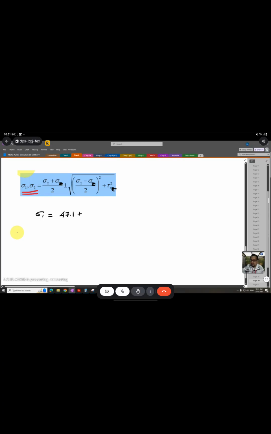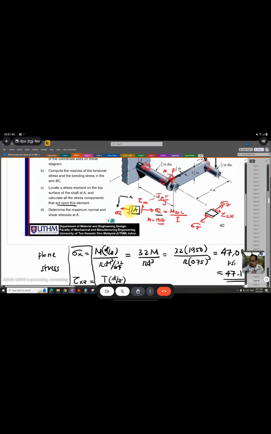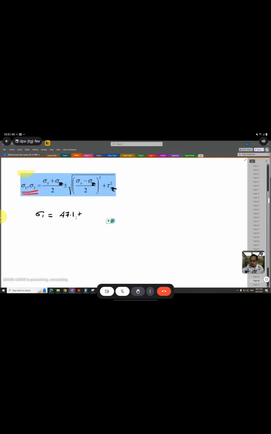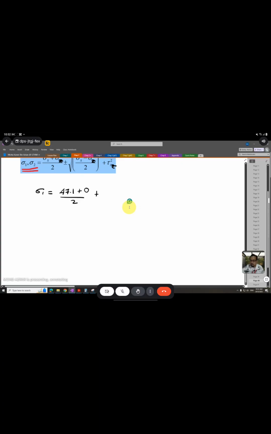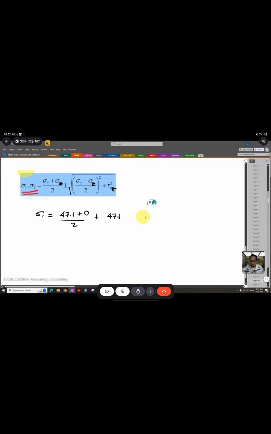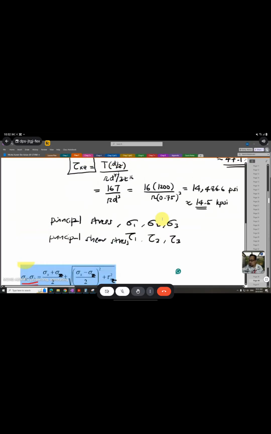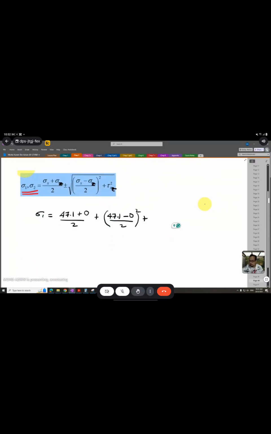We don't have anything in the z direction here, I don't have any stress in the z direction, so sigma z will be 0, divided by 2, plus the square root of sigma x, 47.1, minus 0, divided by 2, squared, then plus tau xz, which is 14.5, squared.